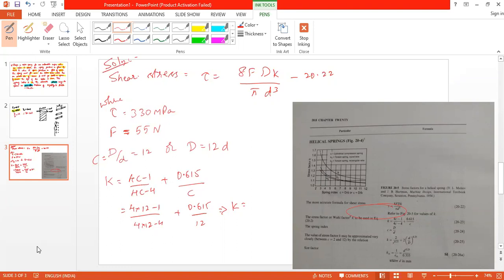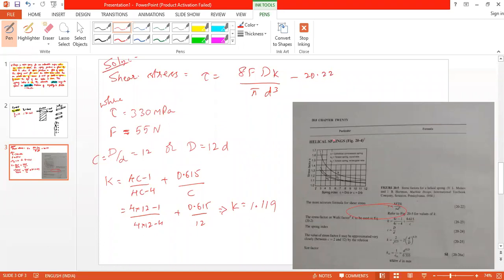K is 1.119. Okay, the value of K is 1.119.